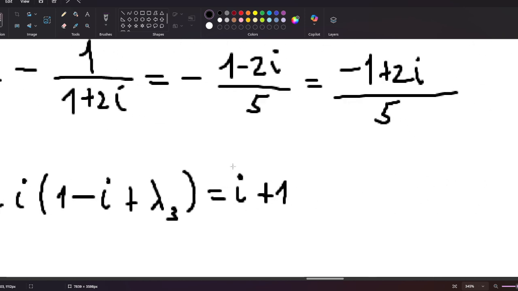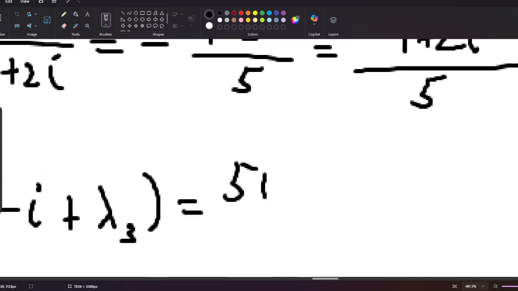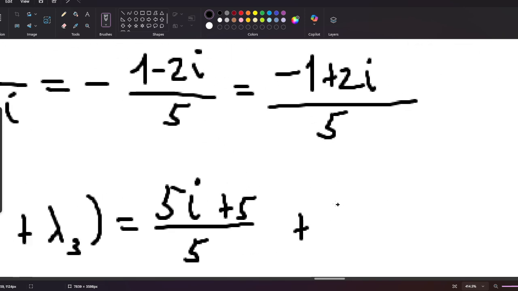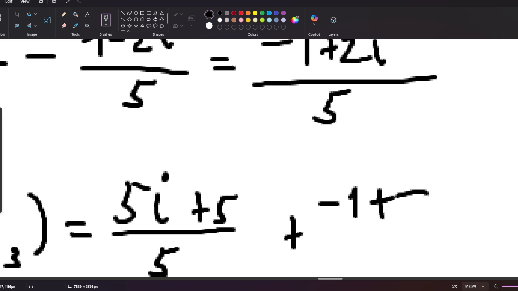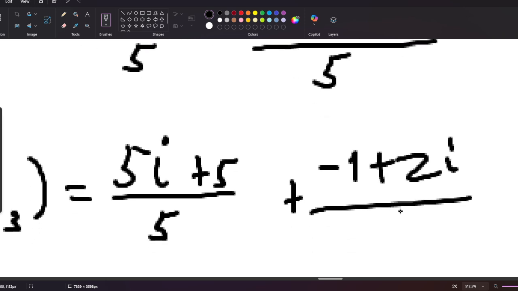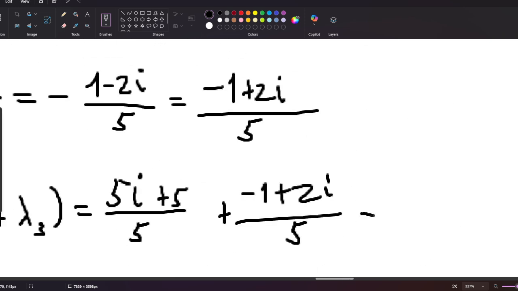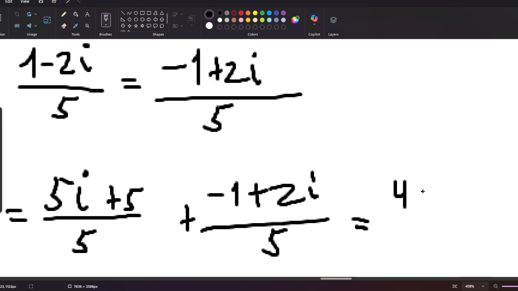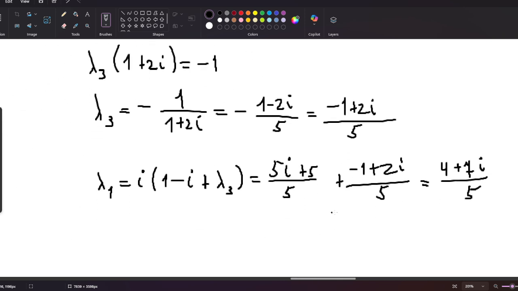Let's just write it down as 5i plus 5 over 5 plus -1 plus 2i over 5. And now we can just add it together simply. That's going to be 4 plus 7i over 5. We got our lambda 1.